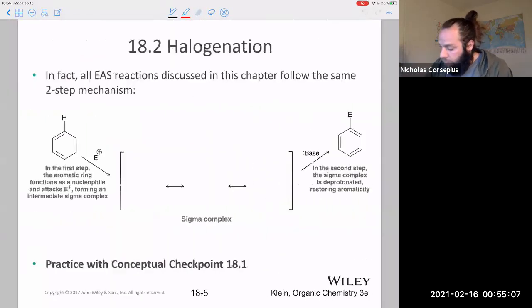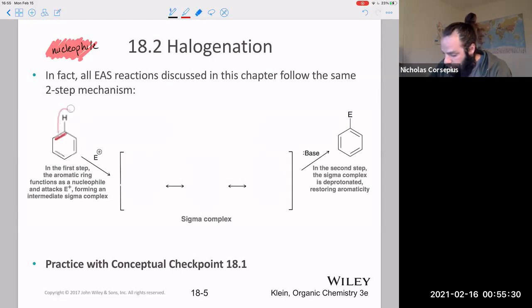First, let's just talk about the reaction mechanism because it's generic to all of these reactions that we're going to see, okay? Again, the ring, and in particular, one of these pi bonds here is going to be playing the role of the nucleophile.